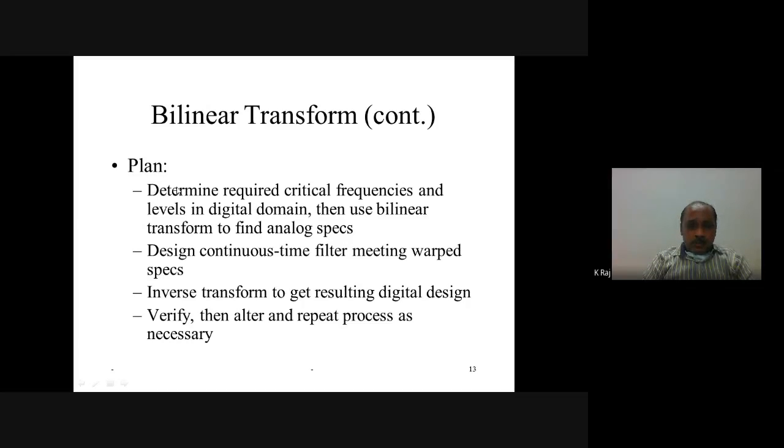Now, what is the plan? How will we make the plan? For that purpose, determine the required critical frequencies and levels in the digital domain, then use the bilinear transform to find the analog specifications, that is omega p, omega s, the passband edge frequency, stopband edge frequency, passband ripple, stopband ripple, etc. Design the continuous time filter meeting the warped specification, then inverse transform to get the resulting digital design, then verify, and alter and repeat the process as necessary.